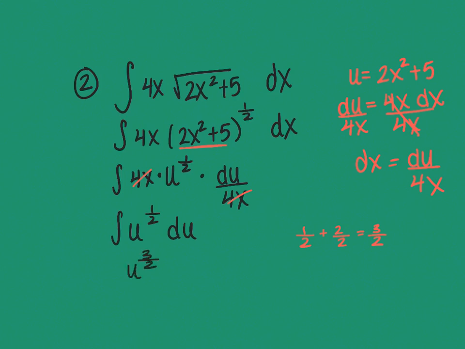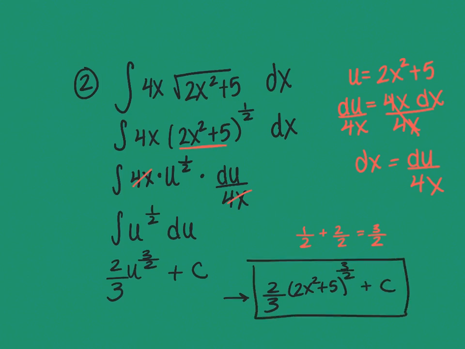Now you can divide by 3/2, but I'm going to multiply by the reciprocal, which is 2/3, and then plus c. So my final answer is 2/3 times (2x squared plus 5) to the 3/2 plus c. Perfect.